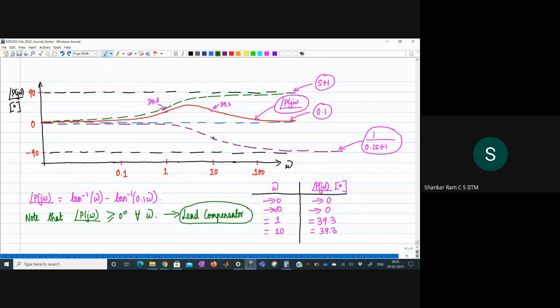So that's something which is interesting about this particular transfer function. All right. So I am going to leave you with a question in this regard. So as we observe, the phase essentially increases, then reaches a maximum and decreases, right? So what I want you to do is find the frequency at which the phase of P of j omega is maximum.